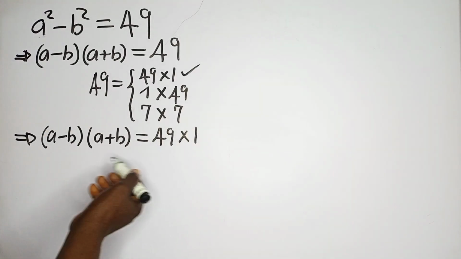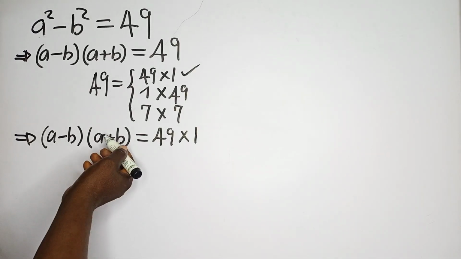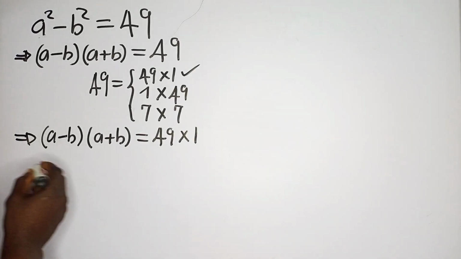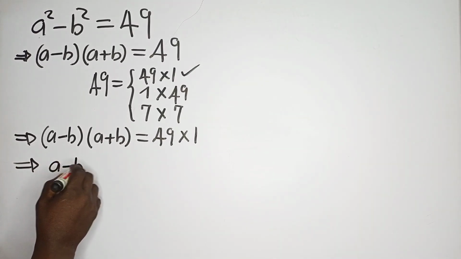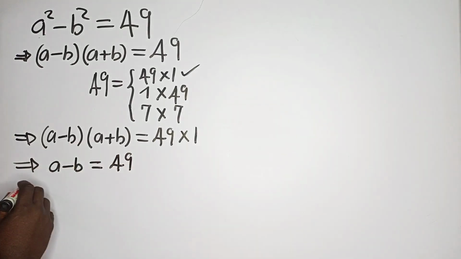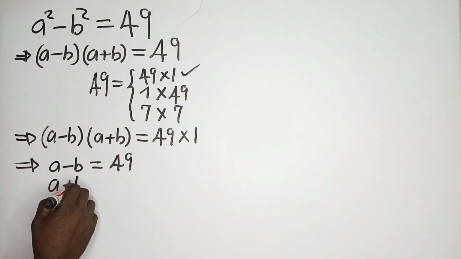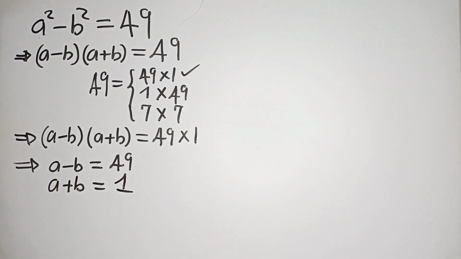So if we match them position for position, the first position goes with the first position, the second with the second, then we are saying that a minus b is 49 and a plus b is 1. Remember, a and b are natural numbers, positive whole numbers.